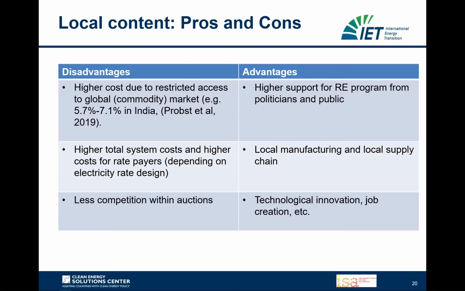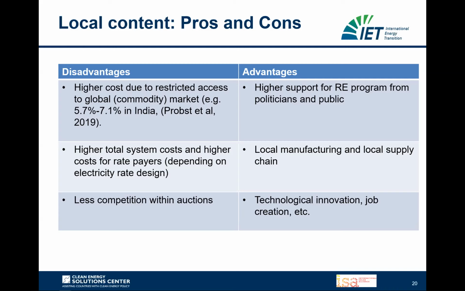The major advantages, and this is probably very important for many policymakers around the world, is that you get more political buy-in, but also public buy-in. So when you're able to say, hey, we're not just going to build solar PV in our country, but we're also establishing a new industry, which will eventually enable us to create more jobs, this is normally a very compelling argument, especially in countries where you see high unemployment rates.